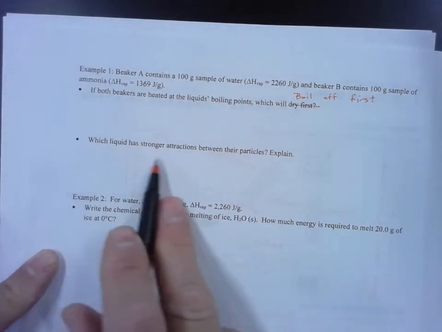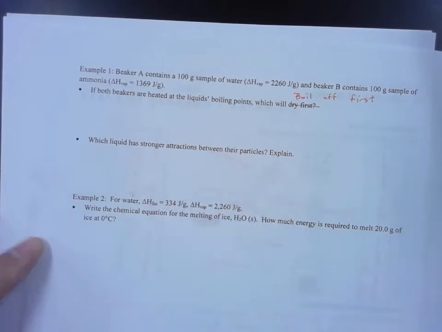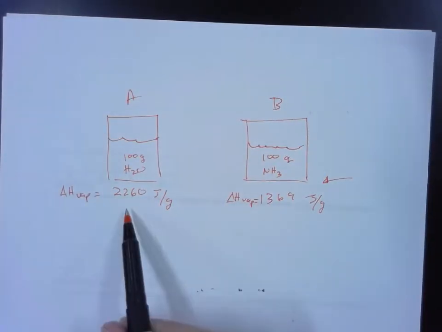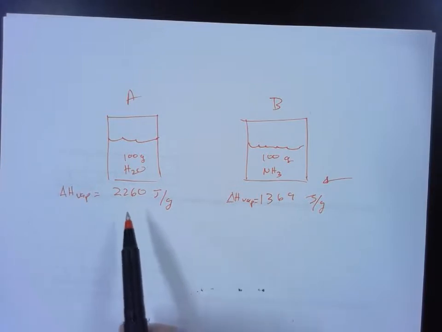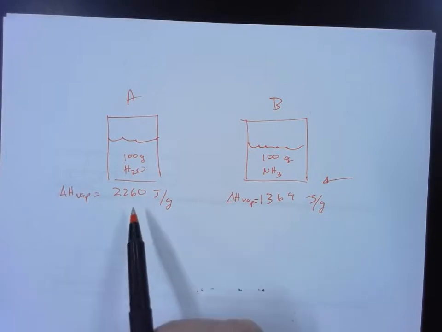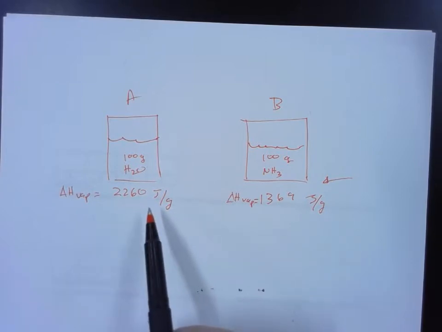Which liquid has stronger attractions between their particles, and explain. Well, the reason this is higher is because the attraction between the particles is stronger. The stronger the attraction between the particles, the more heat is going to be required to cause this thing to change states.